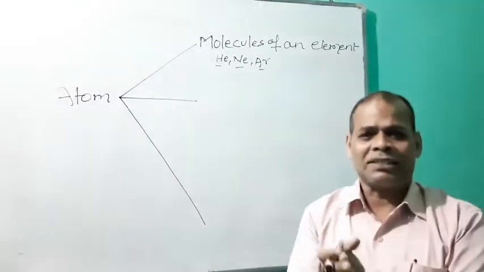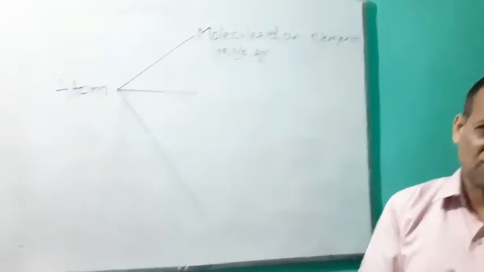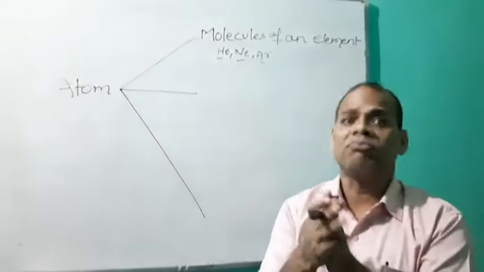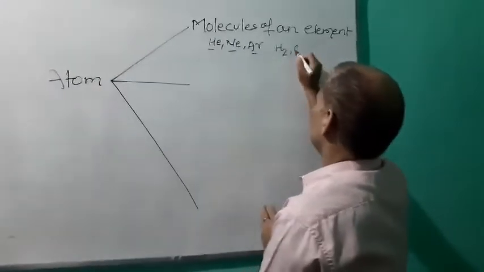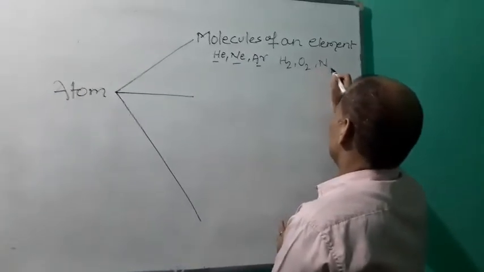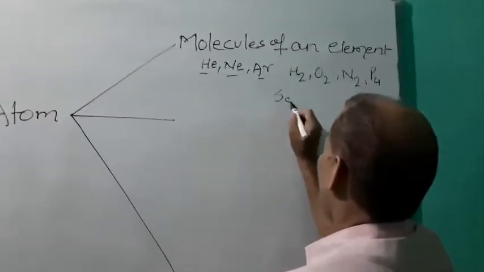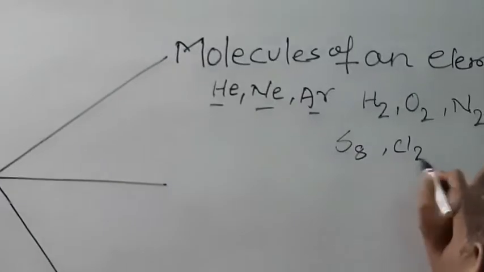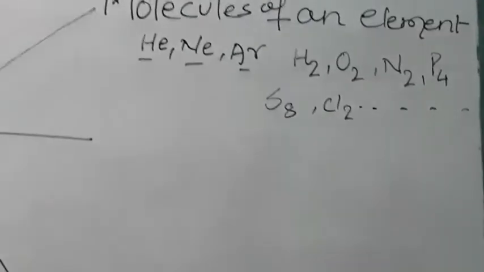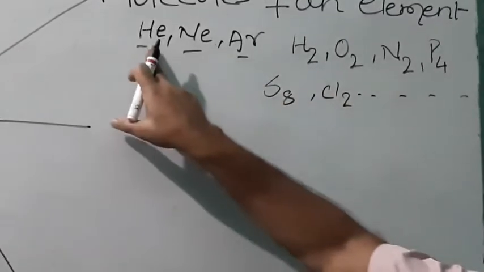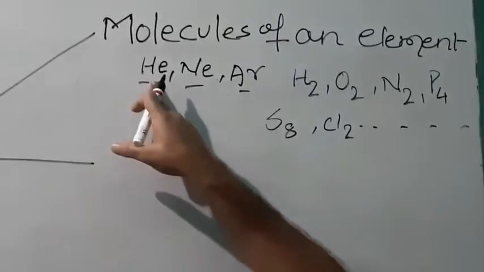But there are certain elements other than these that exist in a molecular form, like H2, O2, N2, P4, S8, Cl2 and many more. So here you see this element has one atom in its molecule.